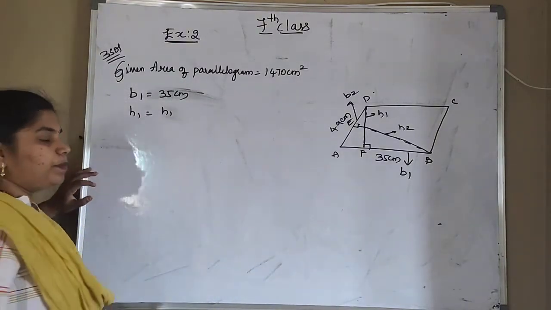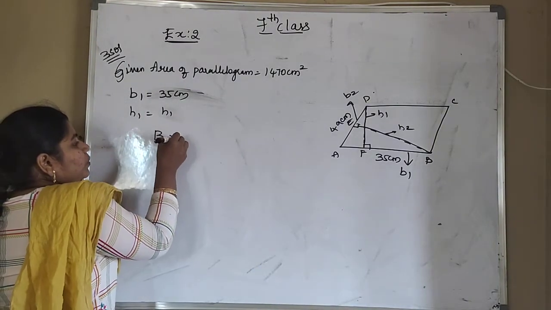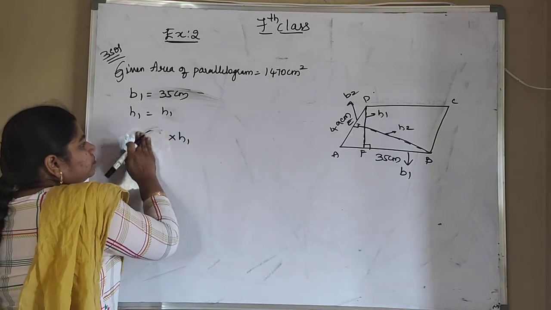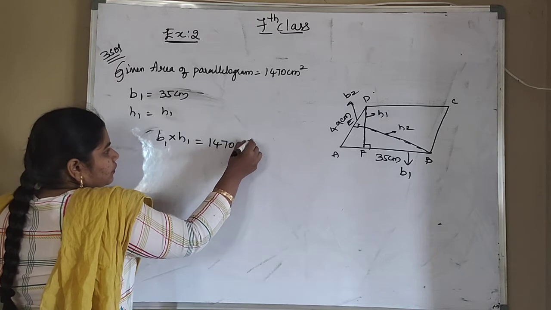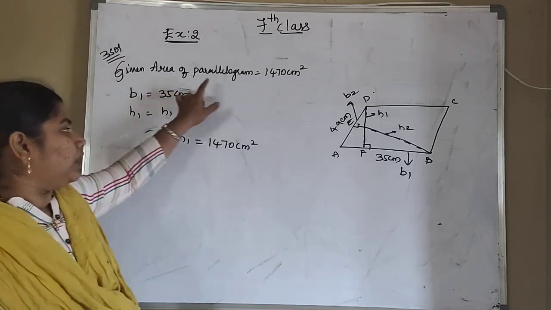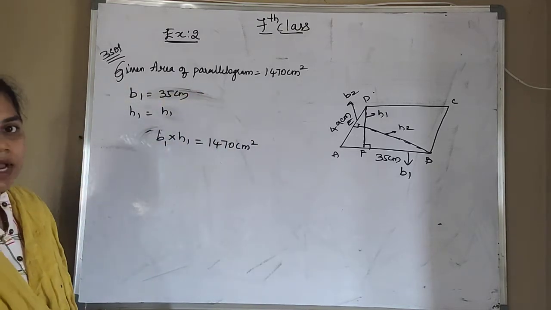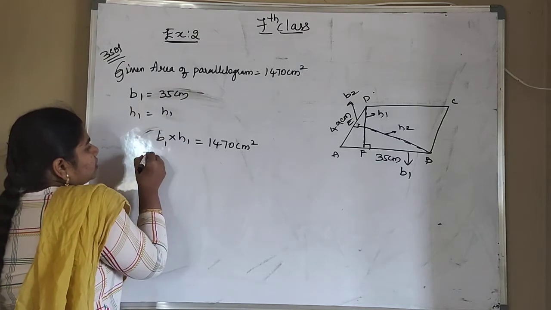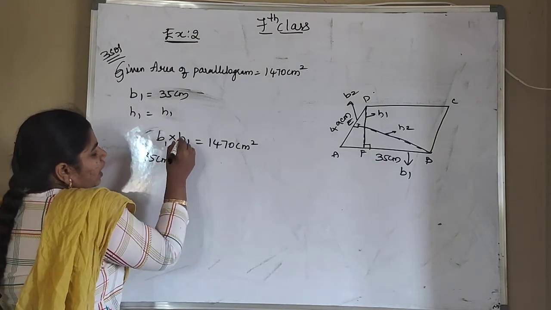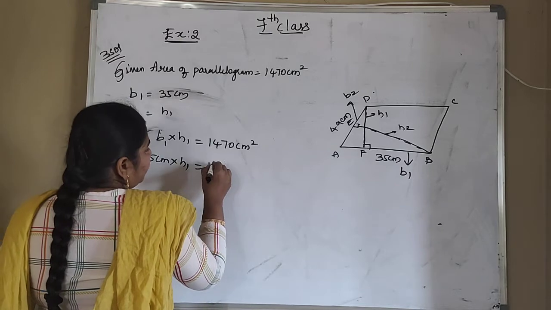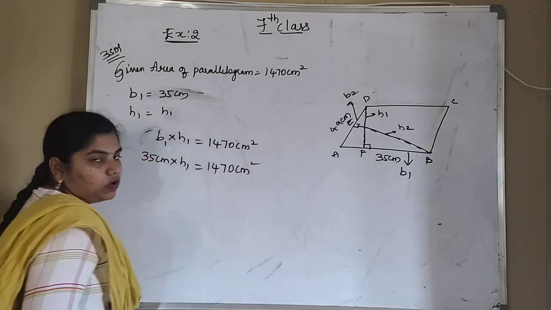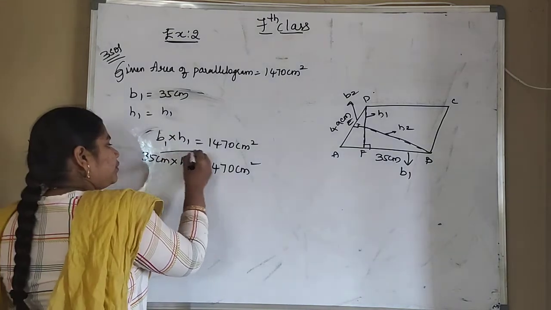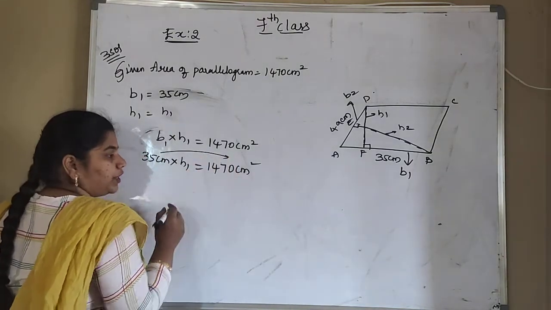So what is the area of a parallelogram formula? That is base 1 into height 1 is equal to 1470 centimeters square. So what is the base 1? That is 35 centimeters into height 1 we have to find, that will be equal to 1470 centimeters square. Okay, so now I am transposing this 35 to the other side, so that will be converted into division.